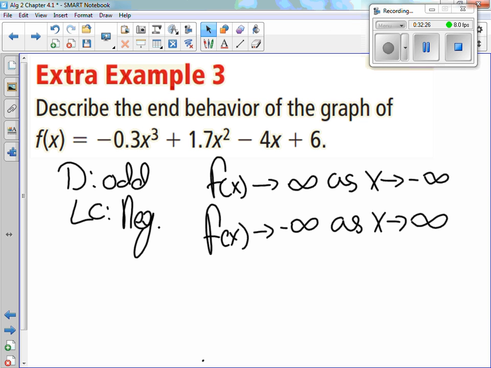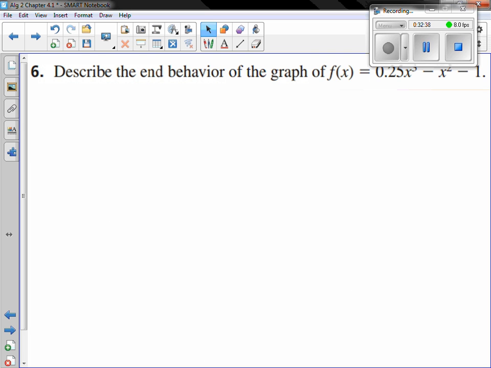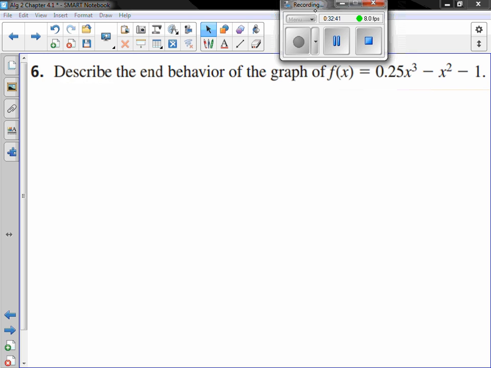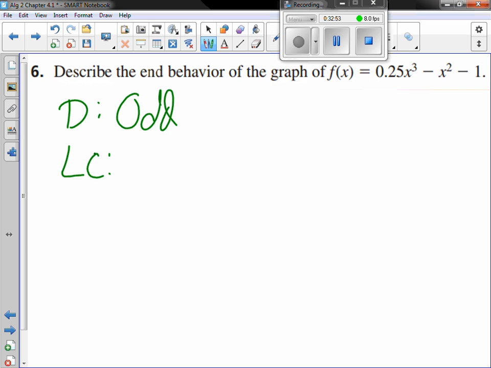Questions on this here? We're ready for the next one. Describe the end behavior of this graph. So I need the degree. The degree is what? 3, so it's odd. Leading coefficient is positive.